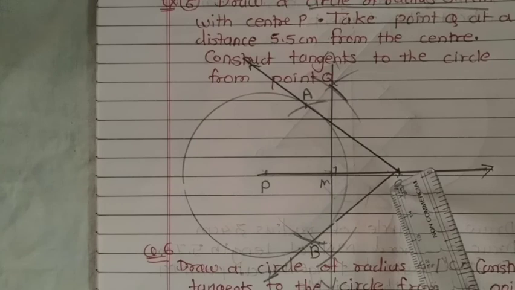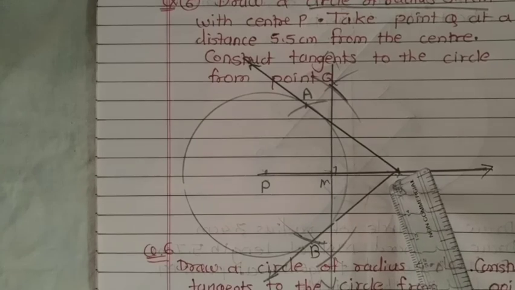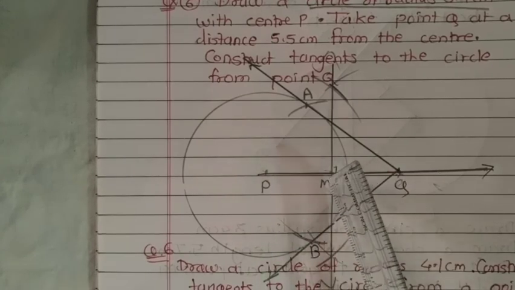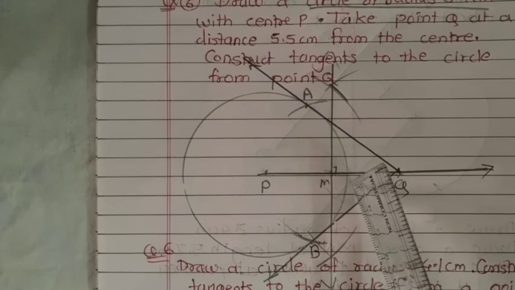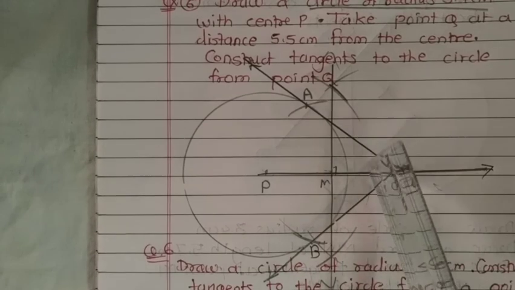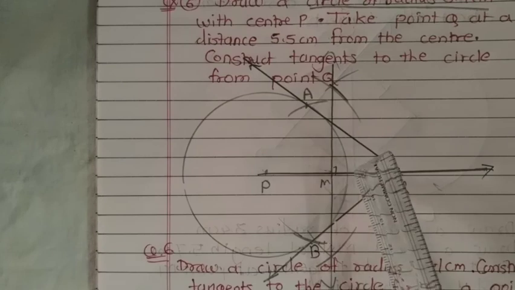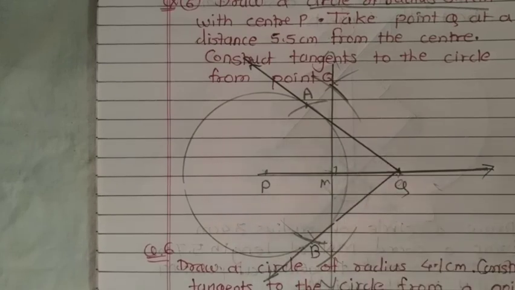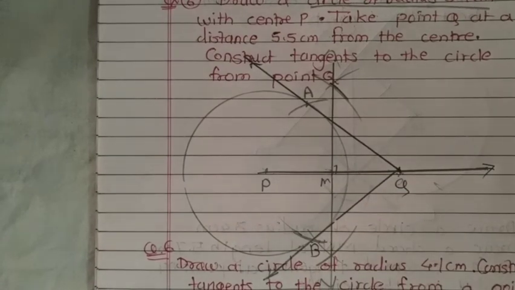And if this point Q is more than twice the radius, then this point M will lie in the exterior of the circle. In this way we can construct the tangents to the circle from the exterior point of the circle. Okay.